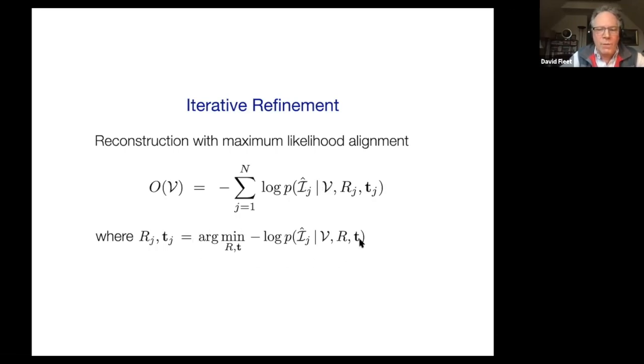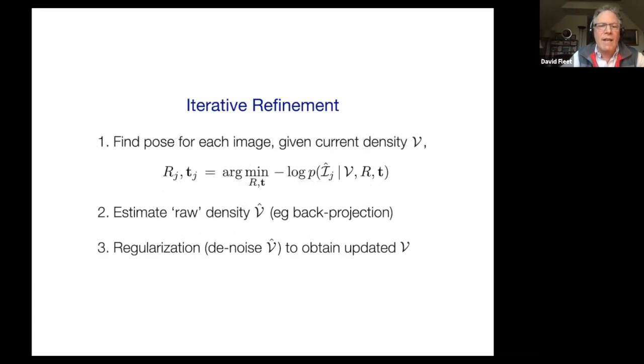What's going to be hard in this problem is solving this minimization problem. How do we find the best translation and rotation for a given image, given our current guess as to the 3D structure?